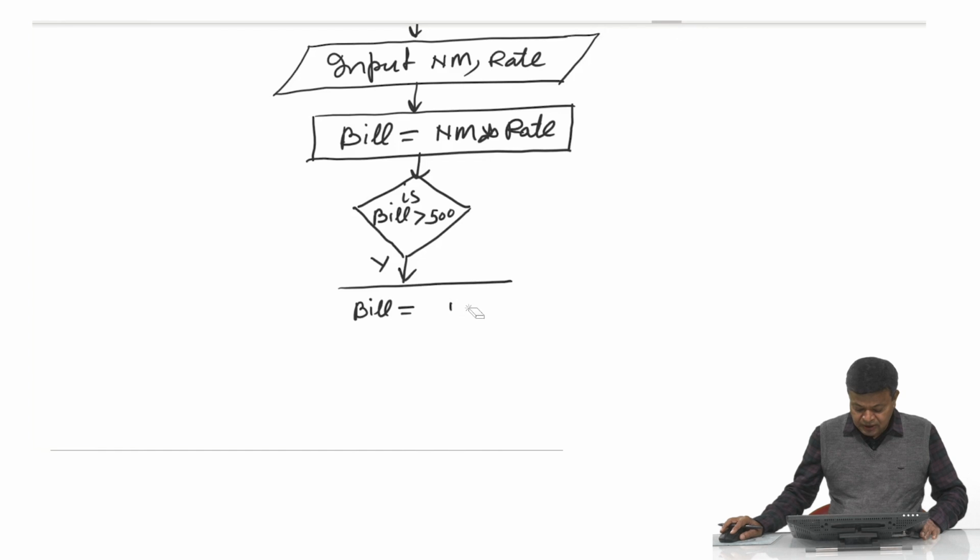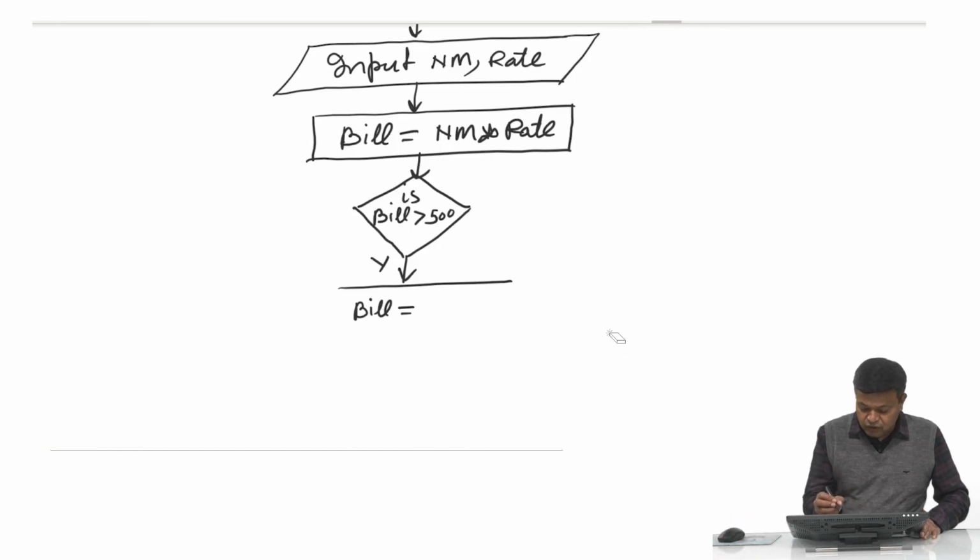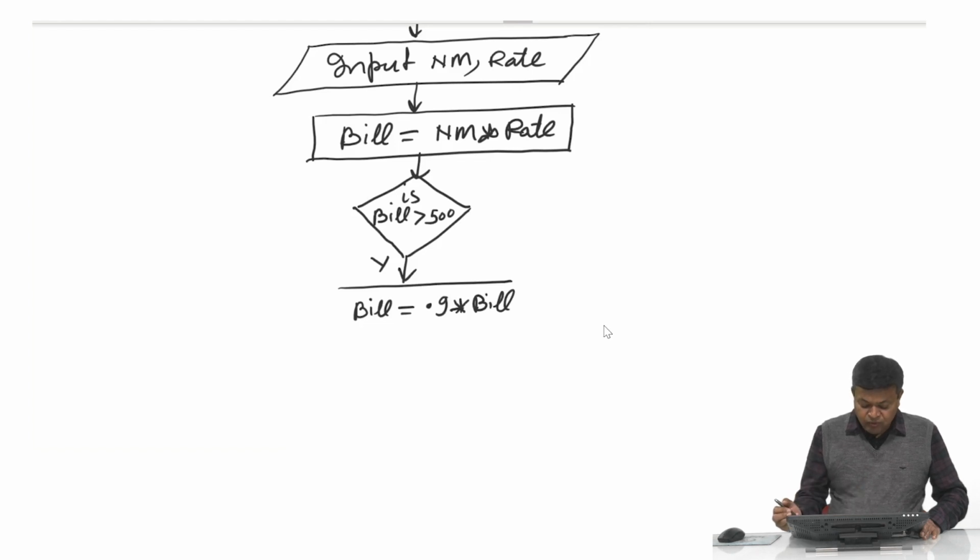I will say bill is equal to 0.9 into bill, because 0.1 of the bill, that is 10% of the bill, has been given as discount. So, now your new bill is equal to 0.9 into bill. Okay. And if his bill is not greater than 500, then what happens? He does not get any discount.